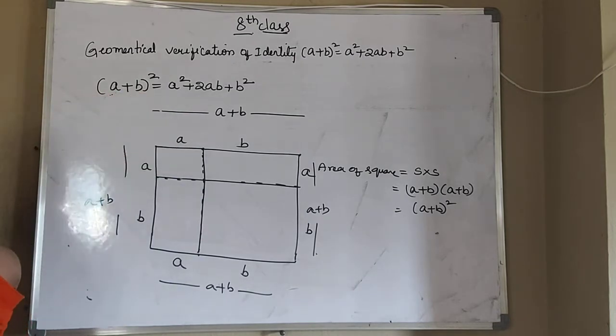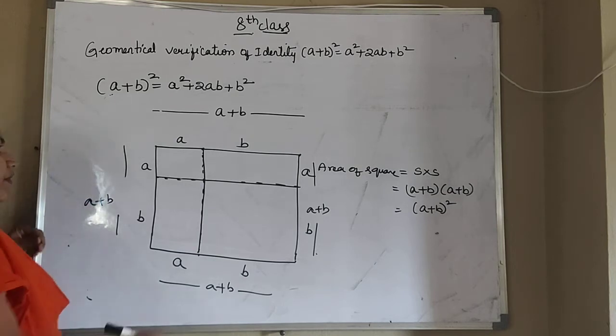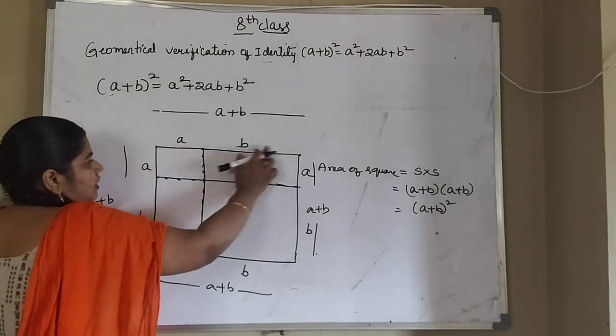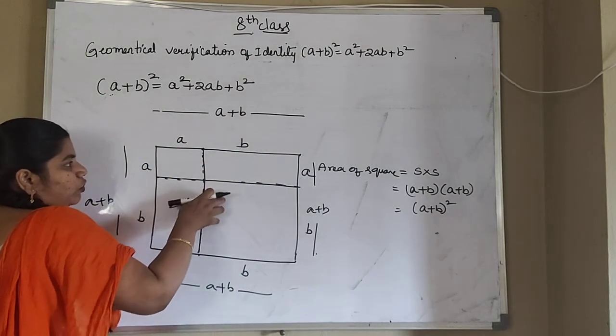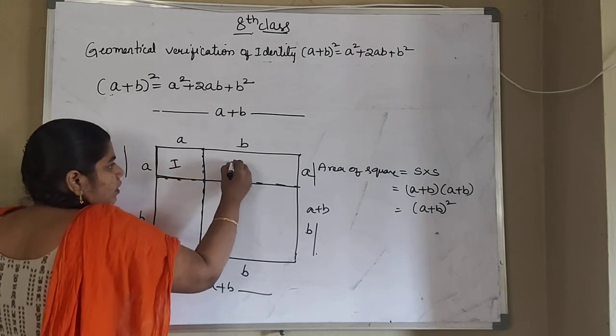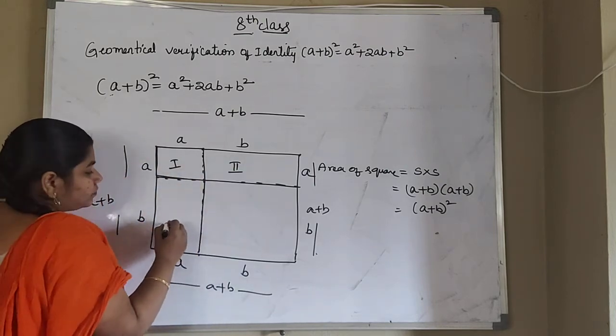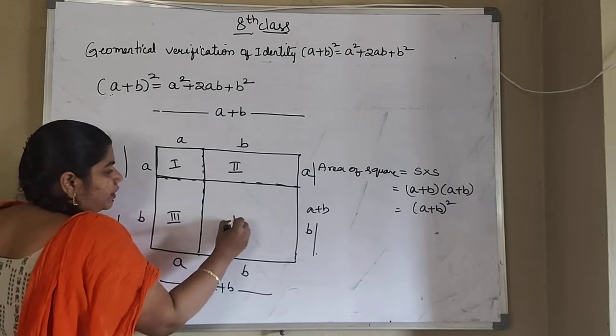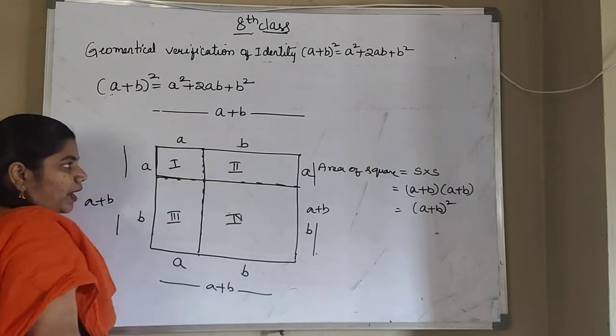Now we have to prove a square plus 2ab plus b square. This single square has been divided into 4 parts. This is the first part, second, third part and fourth part.